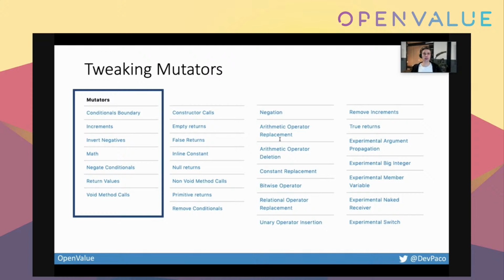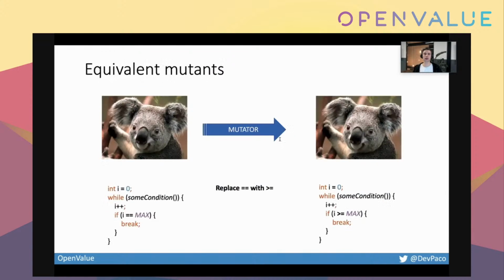But do note that the more mutators you add, the more mutants you're going to get, and the slower your test run will be. And with mostly these experimental mutators, there is a risk that you might run into something called equivalent mutants. The problem with equivalent mutants is that they are undetectable. What you see on the left is a while loop that increments i in each iteration. It breaks if i is equal to max.